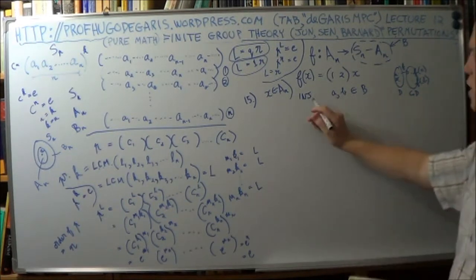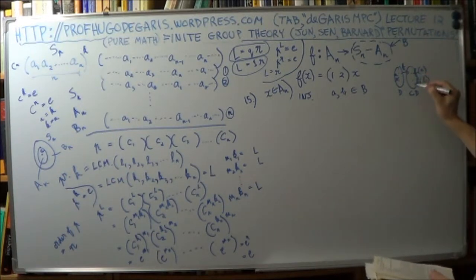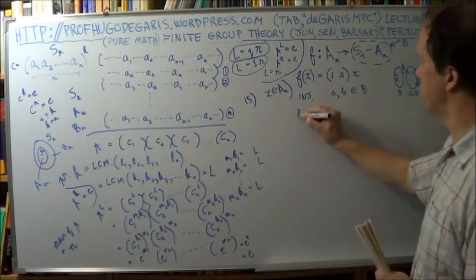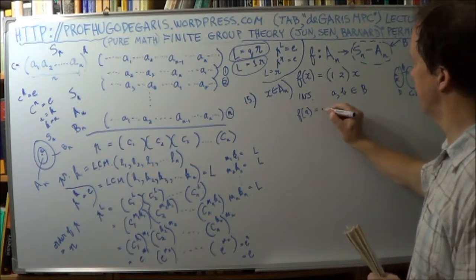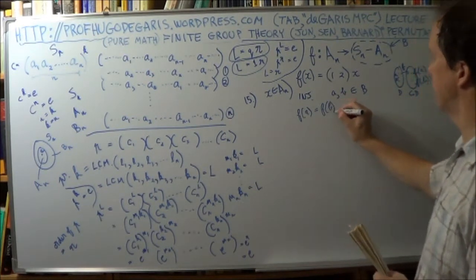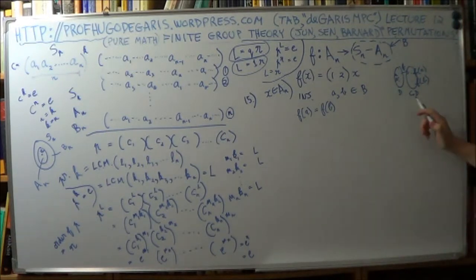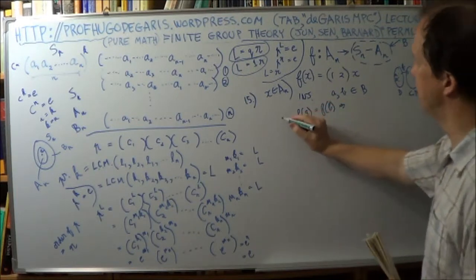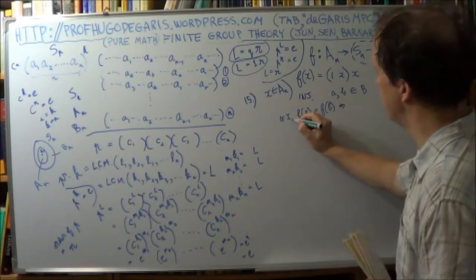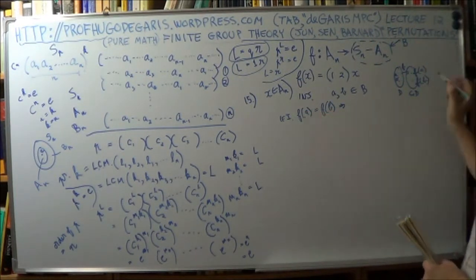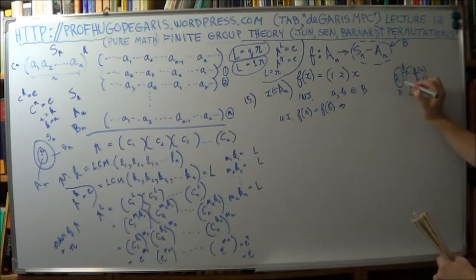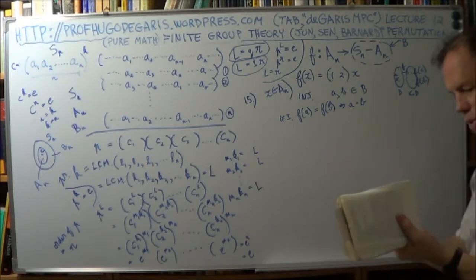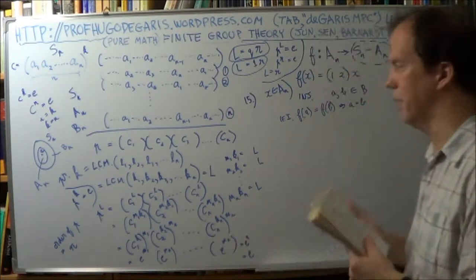And remember, to prove injectivity, you take the two images and let them be equal. Then you aim to show that if these two are equal, then these two points have to be the same. So that implies A equals B. Now we've done that many times, so I won't labour that at all.